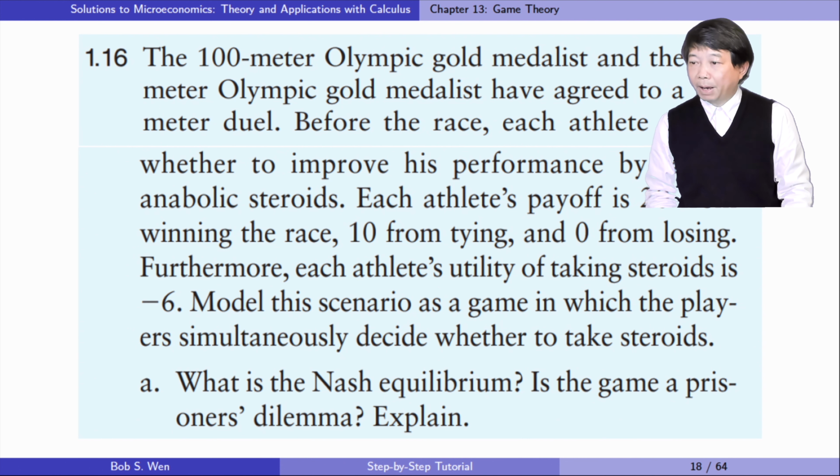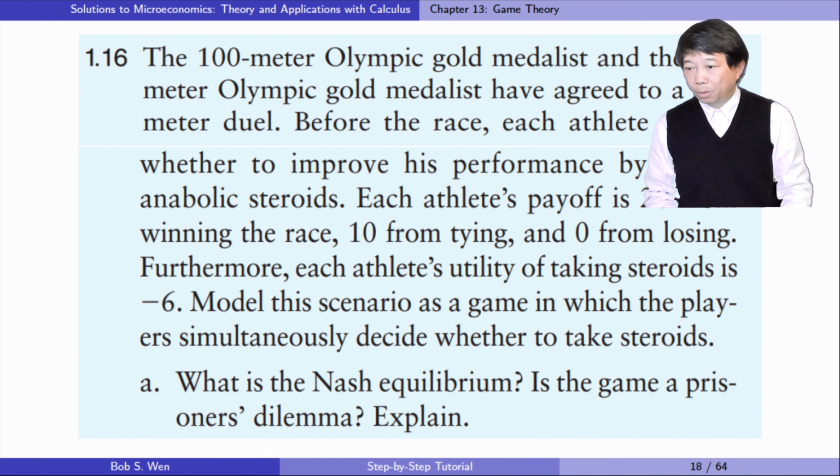Each athlete's payoff is 20 from winning the race, 10 from tying, and 0 from losing. Furthermore, each athlete's utility of taking steroids is -6. Model this scenario as a game in which the players simultaneously decide whether to take steroids.